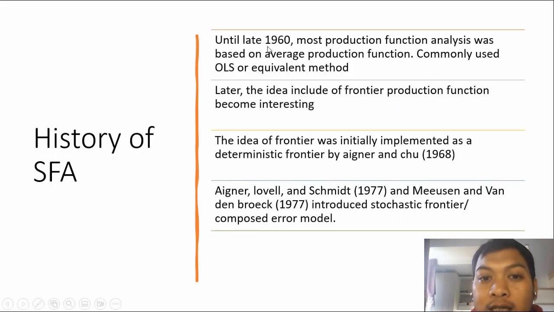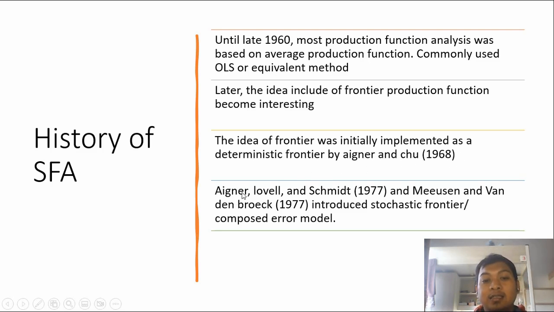Until 1960, most production function analysis was based on the average production function, commonly using ordinary least squares or an equivalent method. And then the idea of the frontier production became interesting, and the idea of the frontier was initially implemented as a deterministic frontier by Aigner and Chu in 1968.